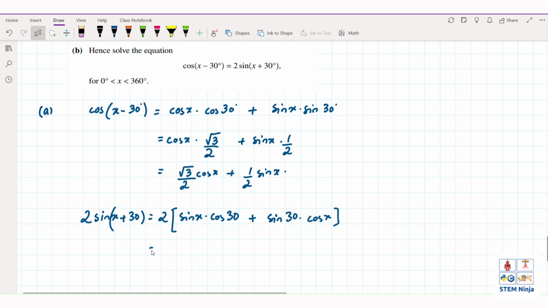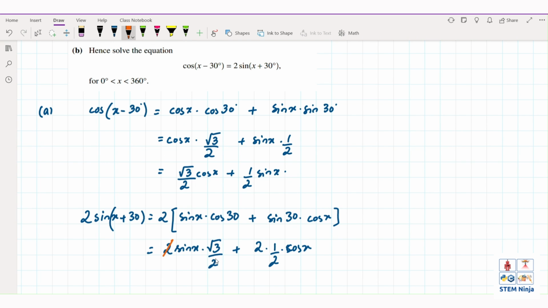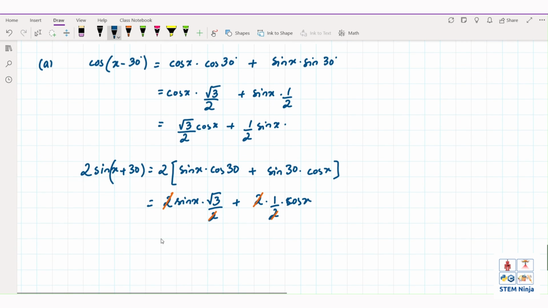Now this expands: cos of 30 is root 3 over 2, sine of 30 is 1 over 2. So 2 sine of x root 3 over 2 plus 2 times 1 over 2 cos of x. Now we cancel out this 2 with this 2, this 2 with this 2. So this simplifies to root 3 sine of x plus cos of x.